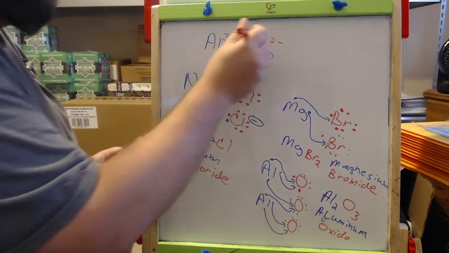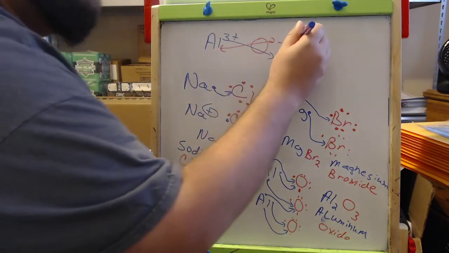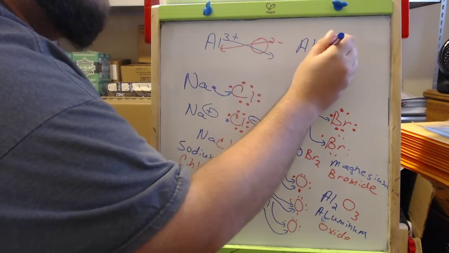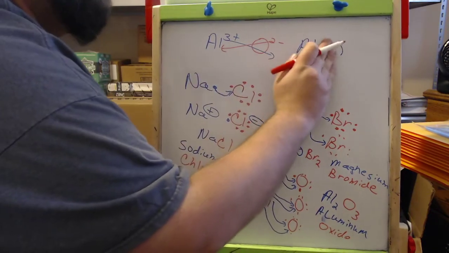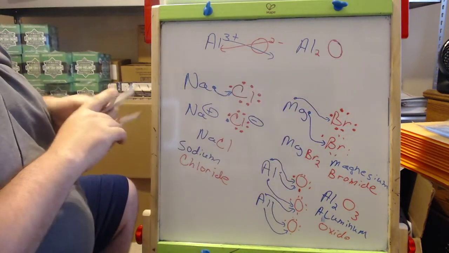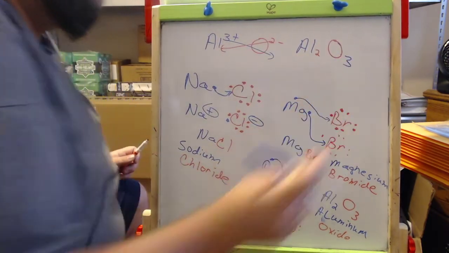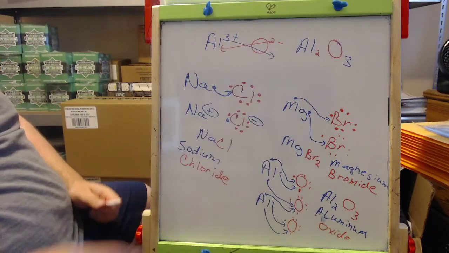Bring your charges down and make them the subscripts of your other ion. Al2O3, Al2O3.